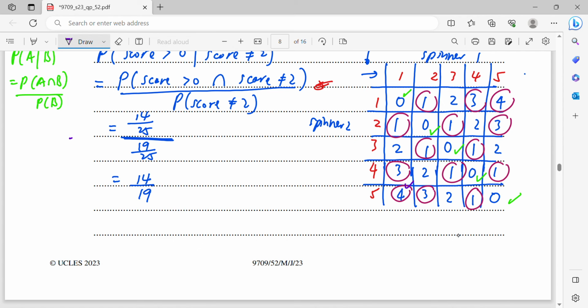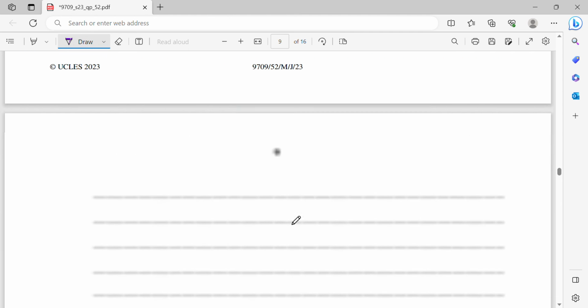You just take them directly. From here, I will have 1, 2, 3, 4, 5, 6 purple ones. So it will be 6 out of 25.